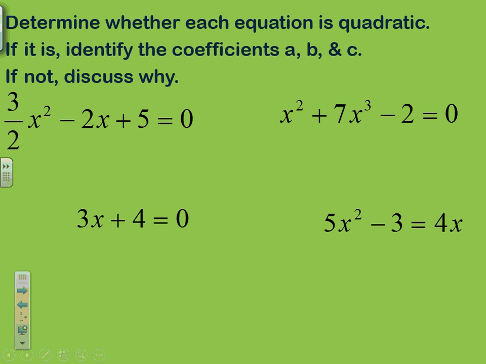So taking a look at these examples that we have here, we're trying to determine, first of all, are they quadratic? Now, let's throw out a little bit of vocabulary here. Let's talk about degree. All of the things that we see here, we would refer to in mathematics as a polynomial.